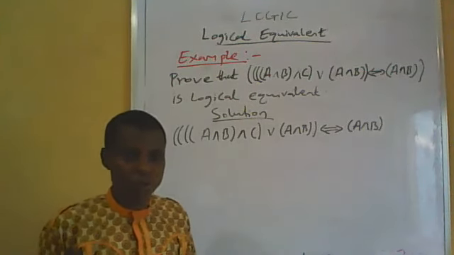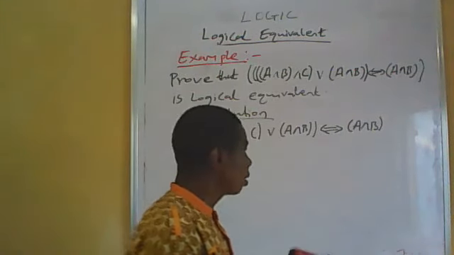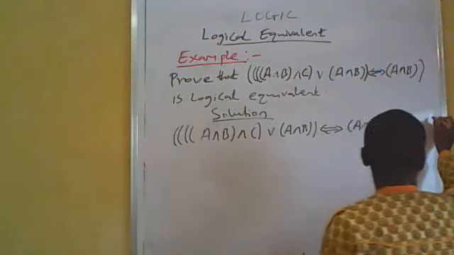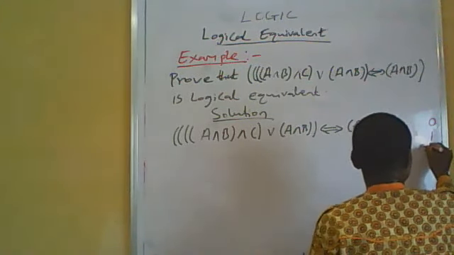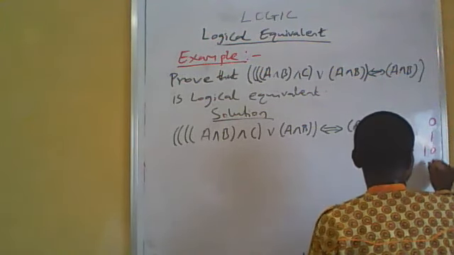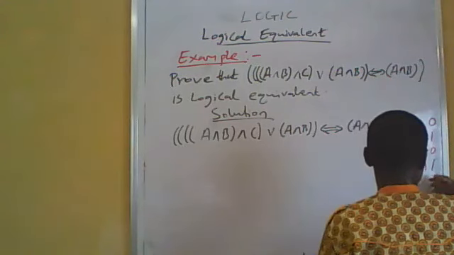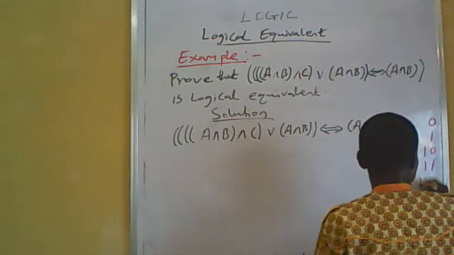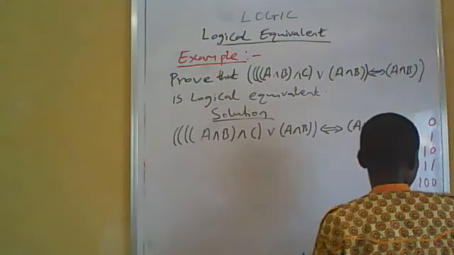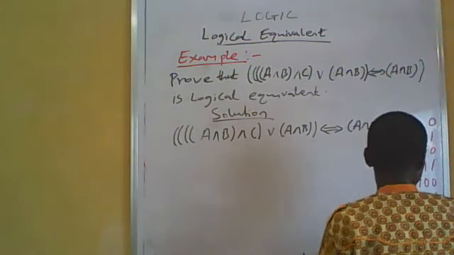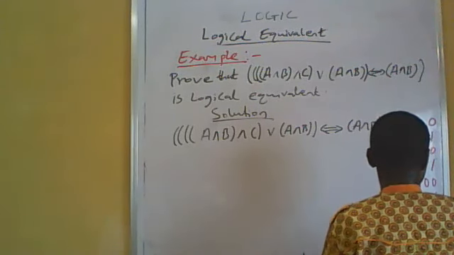We have 0 as number 1, 1 as number 2, 10 as number 3, 11 as number 4, 100 as number 5, 101, 110, and 111.